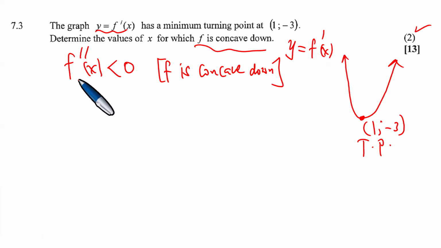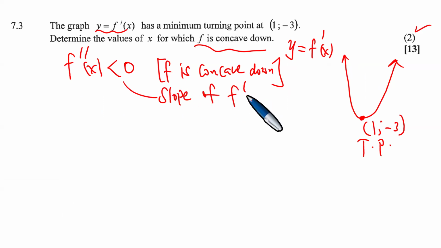If somebody says the second derivative of f is negative, what would that mean? That would mean that the second derivative describes the slope of f prime of x. So the slope of f prime of x is negative, and that means the slope of f prime of x is that.